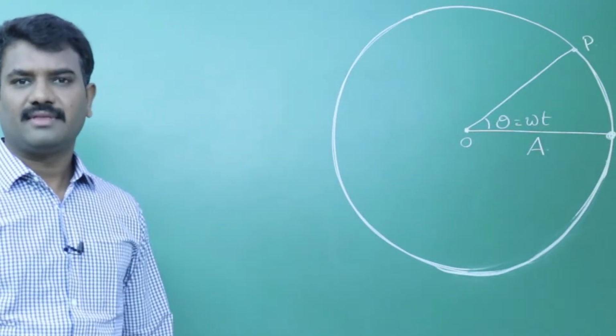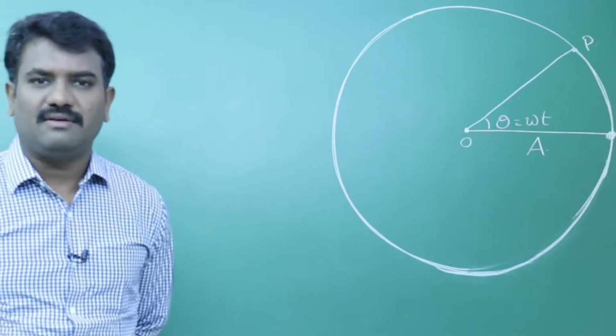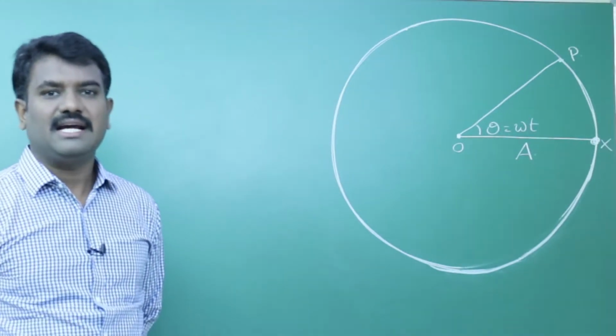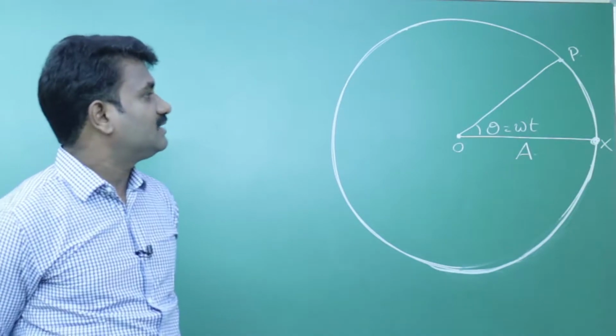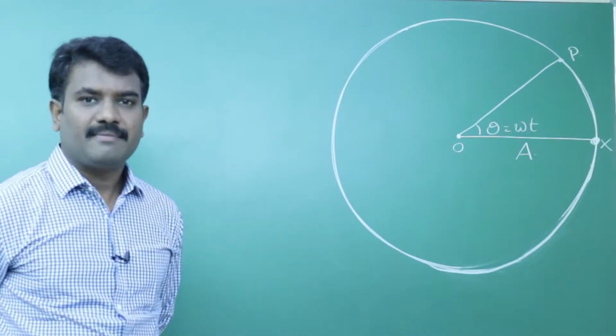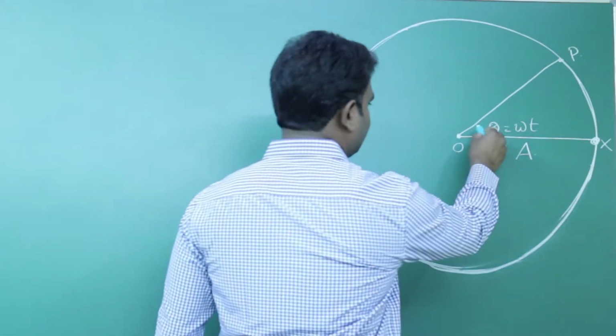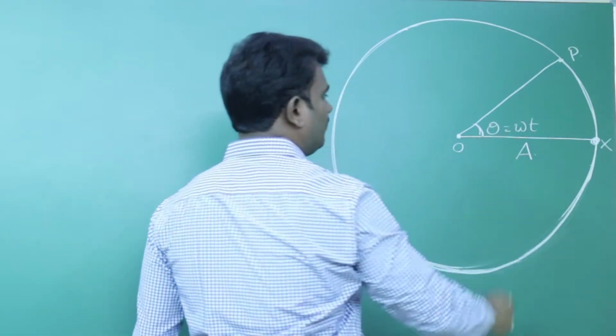The object starts from point X and after some time t it reaches point P. As it is moving with an angular velocity omega, the angular displacement after time t is omega t.